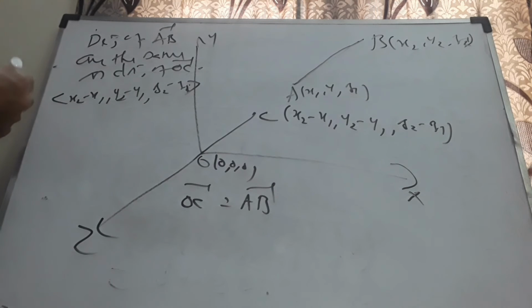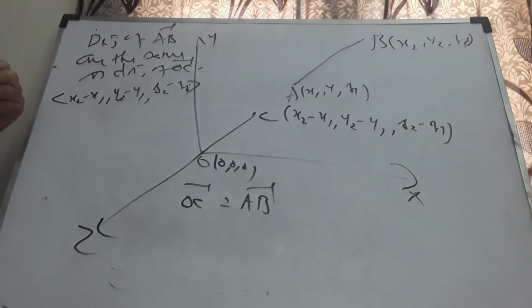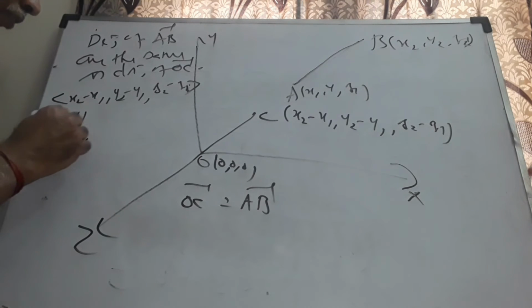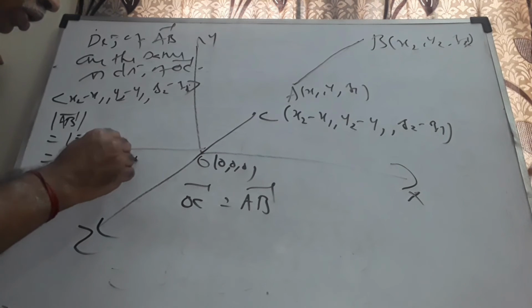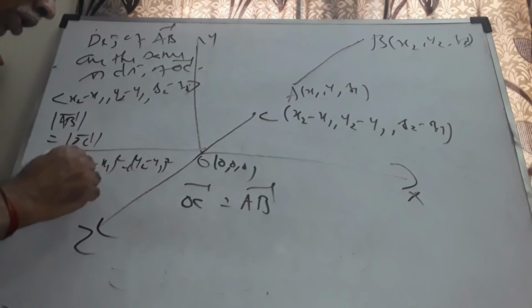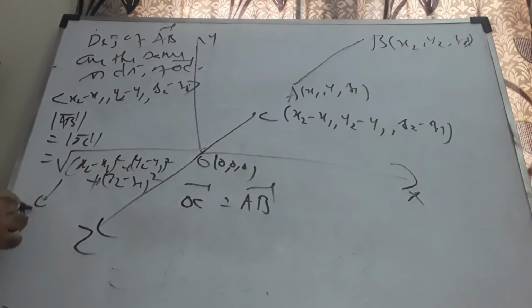Therefore, the drs of AB vector will automatically become x2 minus x1, y2 minus y1, z2 minus z1. Then modulus OP we have seen earlier, root of x square plus y square plus z square. Similarly here, modulus AB vector is nothing but modulus OC vector, which is root of x2 minus x1 whole square plus y2 minus y1 whole square plus z2 minus z1 whole square. Therefore, this will give you the distance formula, the distance between 2 points in 3D.